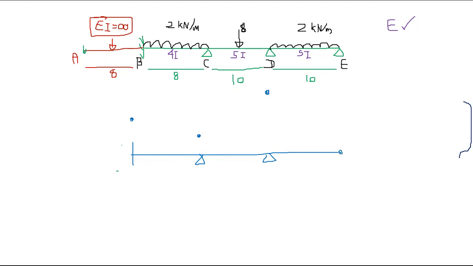And ME is 0 because that's the simply supported end, right? So this is the support bending moment. And now you have solved the support bending moments. So you can separate each span from the corresponding support bending moment and find the shear force values, considering each span only, right?